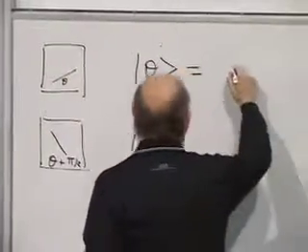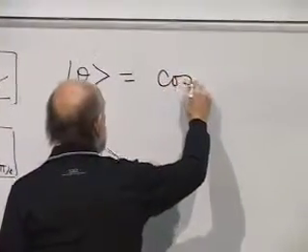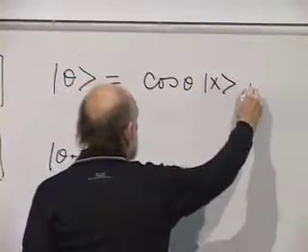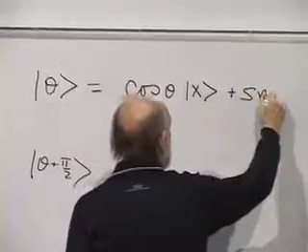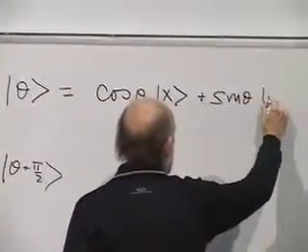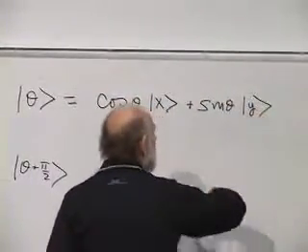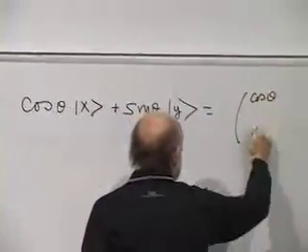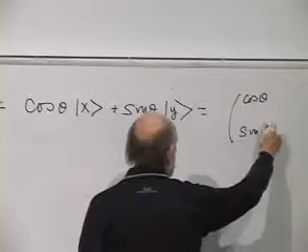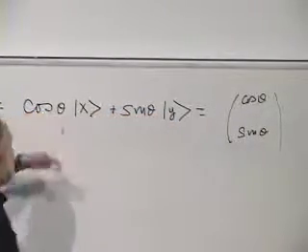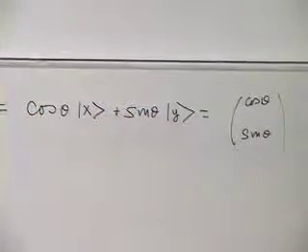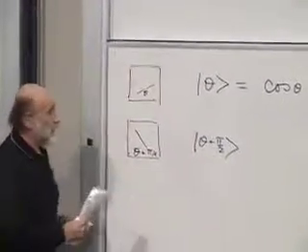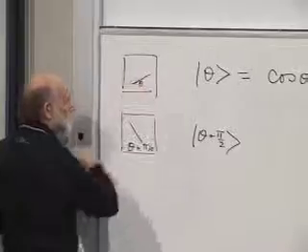It shouldn't be too surprising that the answer is cosine theta times the x polarization plus sine theta times the y polarization. Or equivalently, cosine theta, sine theta. In fact, cosine theta and sine theta are simply the components of a unit vector along the theta direction. So that's not too surprising.